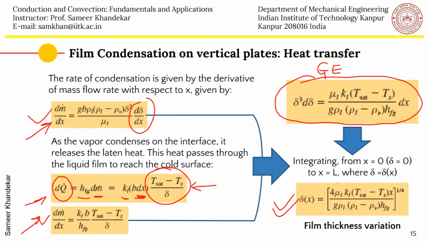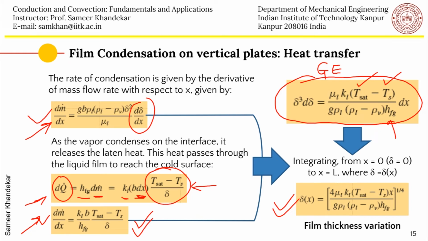So we get the governing equation of delta, and if you integrate the differential equation for delta, you will get the unique expression for delta, which is the variation of the film thickness. And as you can see, it varies as x to the power 1 by 4. Mind you, x is the location along the vertical plate.